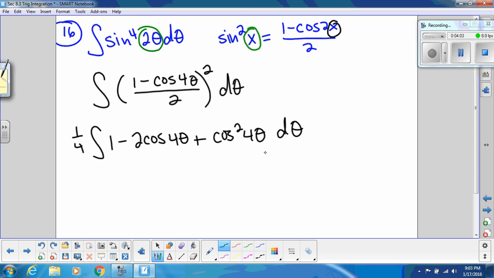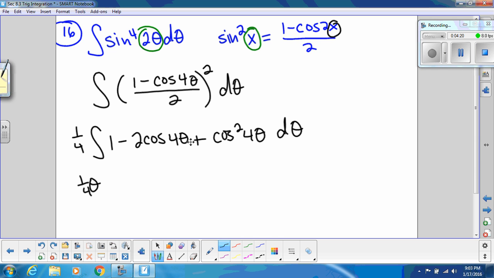Alrighty, so let's see what we've got here. So we've got 3 integrals, and they all have 1/4 in front of them. For this first part, this will just be theta, right? 1/4 theta. This one's fine, it's just the cosine.